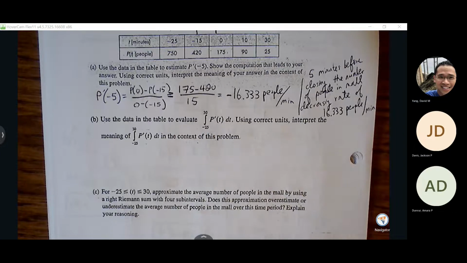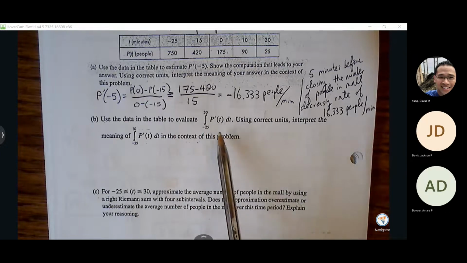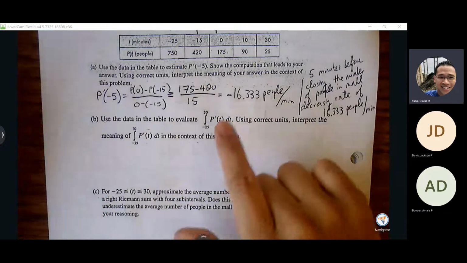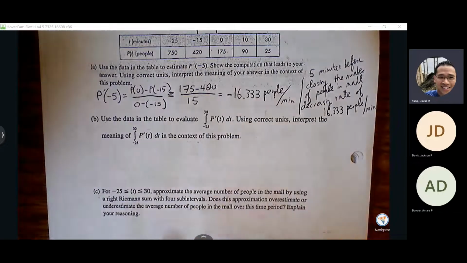What do you think? The integral of P prime will rise up to what? Just P of t, yep. And then we can just plug in the upper and lower bounds, right?